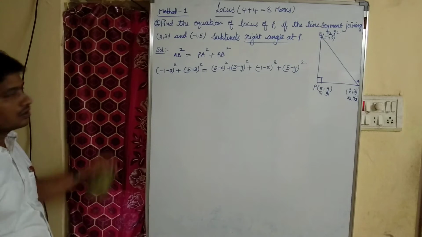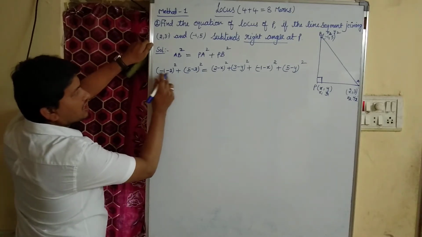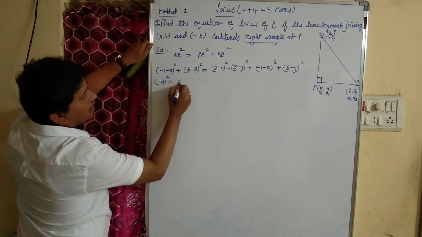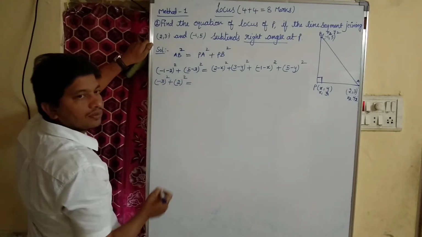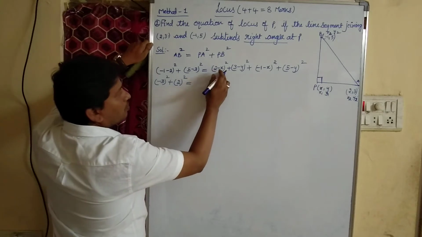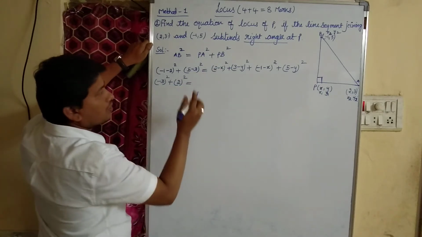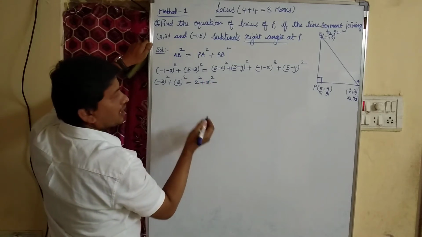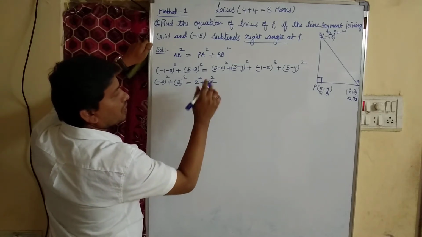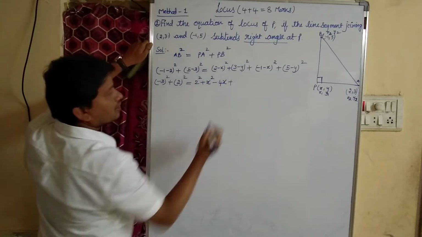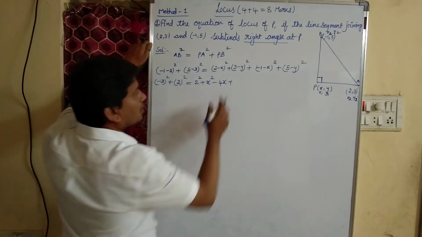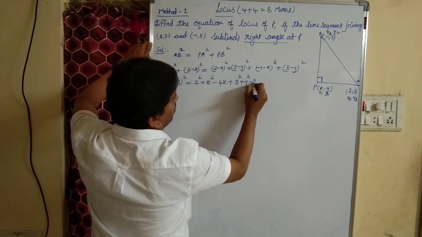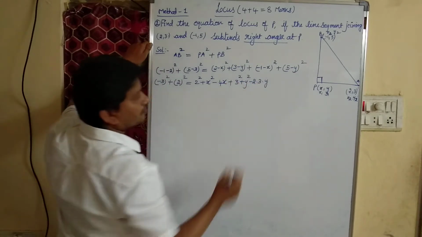Now minus 1 minus 2 is minus 3 whole square, 5 minus 3 is 2 square, equal to 2 minus x whole square, a minus b whole square, a square plus b square minus 2ab, 2 into 2 into x, and then a square plus b square minus 2 into 3 into y.